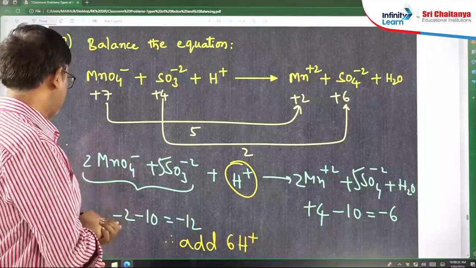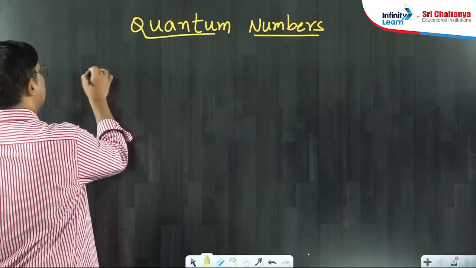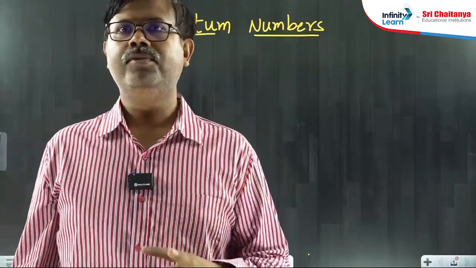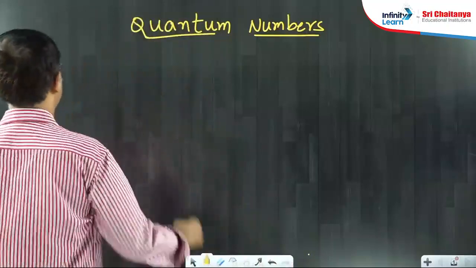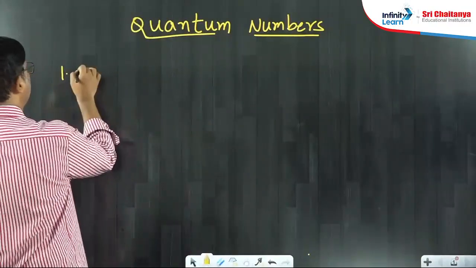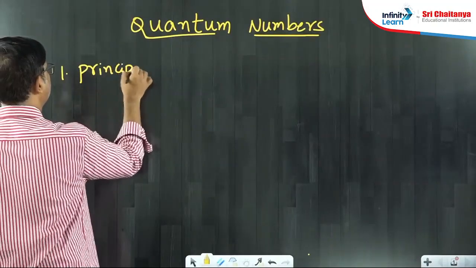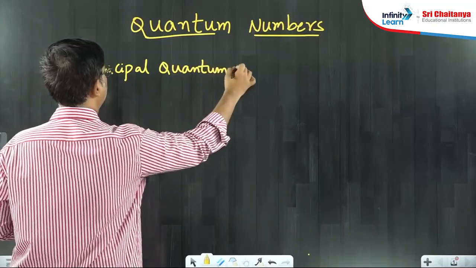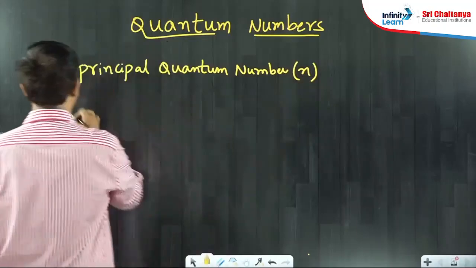Okay, next we will see the next topic, quantum numbers. See, there are 4 quantum numbers. Knowledge of these quantum numbers helps you to write the electronic configuration of various elements. Now, what are these quantum numbers? One is the principal quantum number, denoted by n.